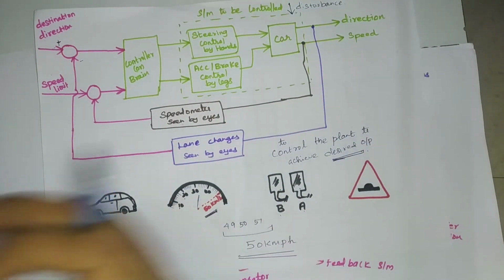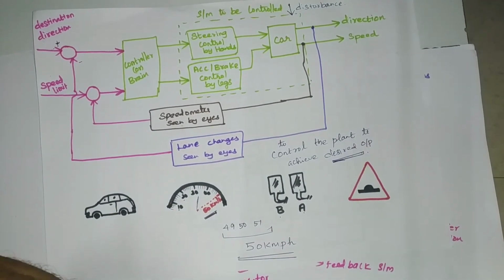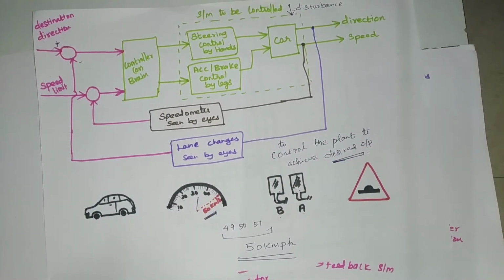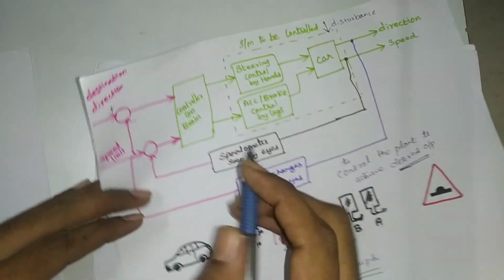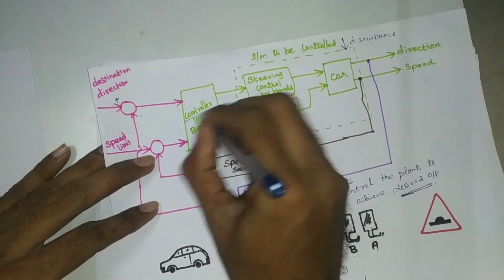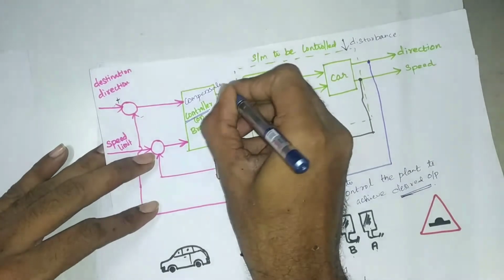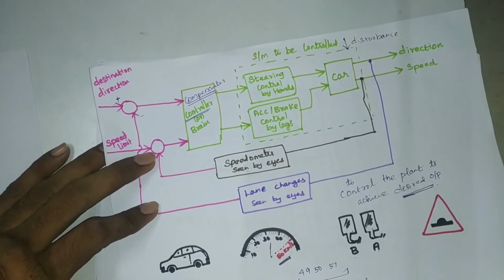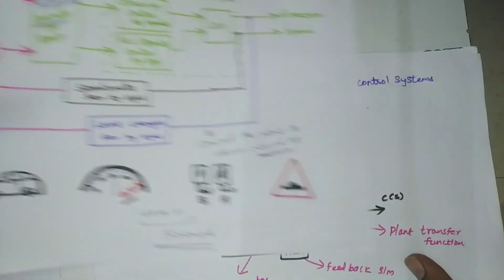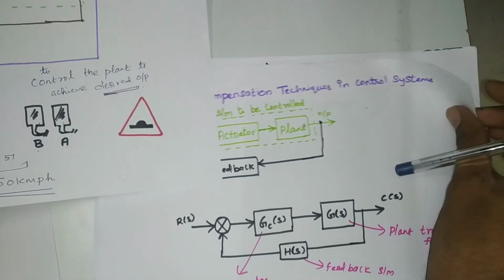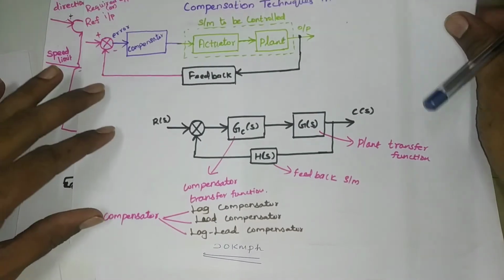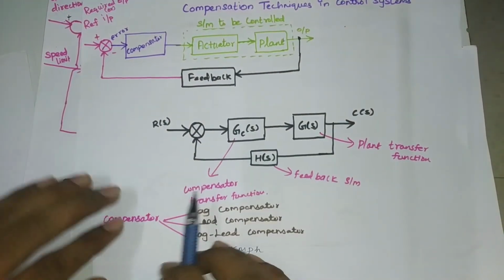In order to accomplish this objective, we need the device called the controller as well as the compensator. Let me show the general block diagram for this closed loop mechanism.